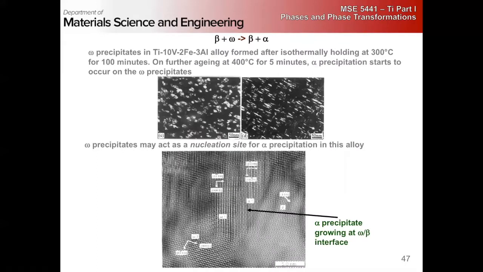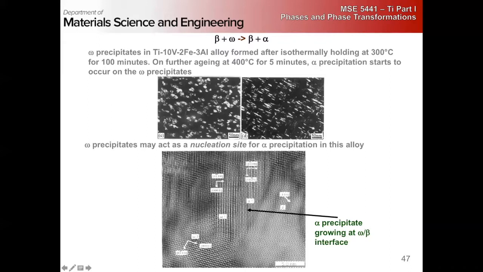Okay, so just to wrap up the omega stuff, these omega precipitates can be very potent nucleation sites for alpha. This is titanium 10 vanadium 2 iron 3 aluminum.